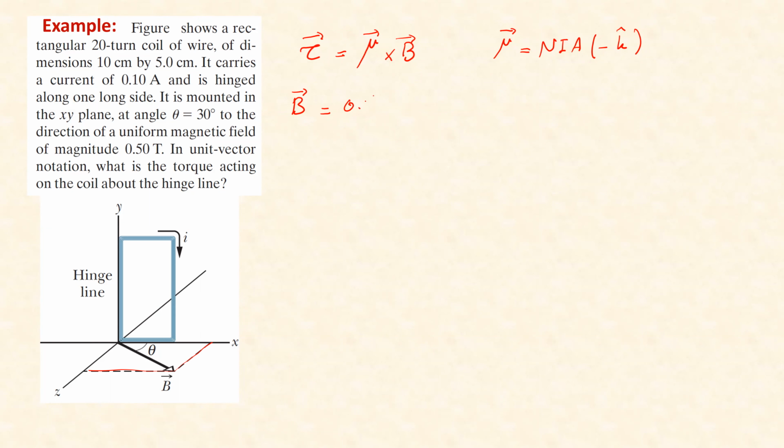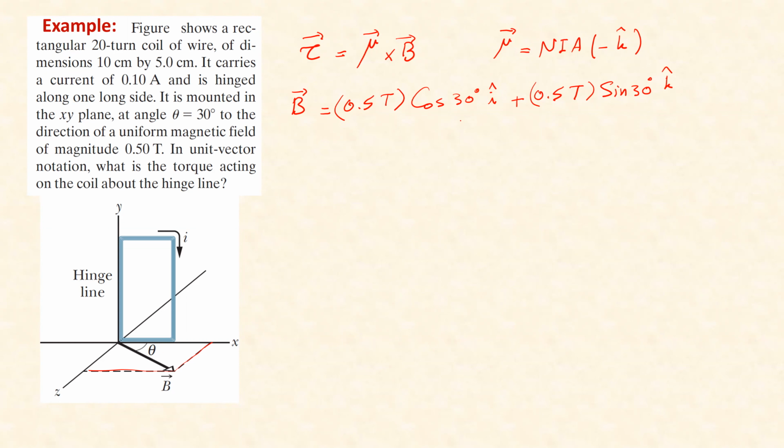So 0.5 Tesla cosine 30 degrees in i hat direction, and 0.5 Tesla sine 30 degrees in k hat direction, right? So you can write all of that.